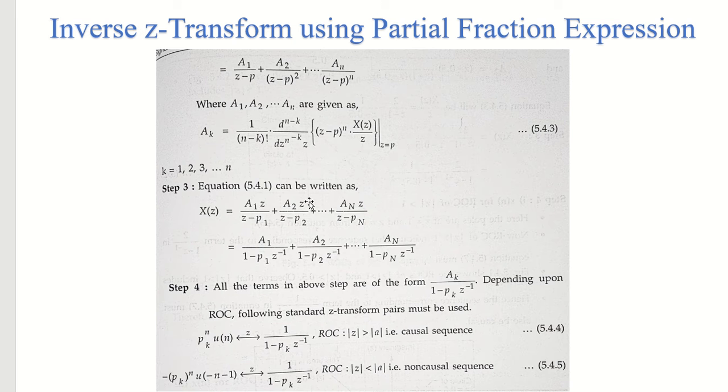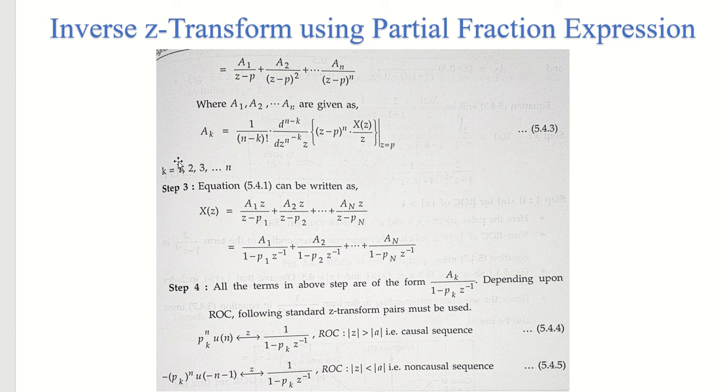Now whenever the values of a1, a2 up to an are given as ak equals the sum from k equals 1 to n of (n minus k) factorial d raised to n minus k divided by d of z to the power n minus k into z into this term, where z equals p, which means the values of z and p are equal.